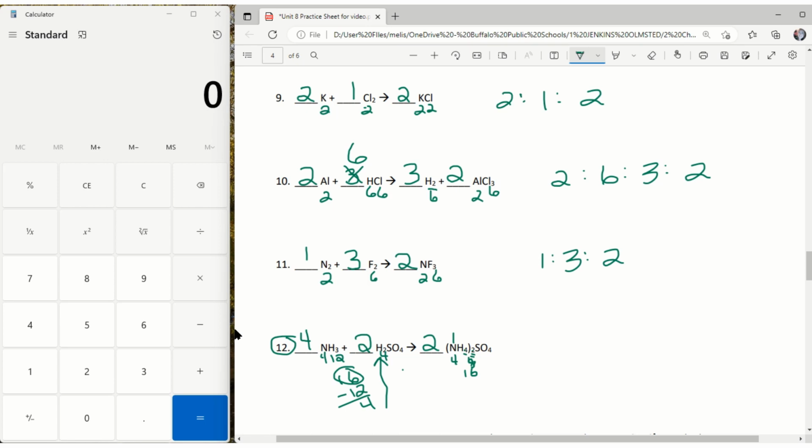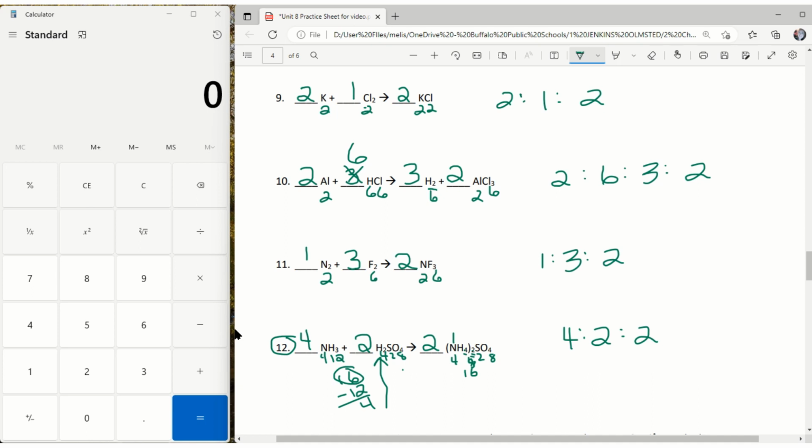All right, what about S? I have 1 times 2, I have 2 S's. 4 times 2, I have 8 O's. So I have coefficients of 4, 2, and 2. Can I divide the numbers in this ratio by anything?